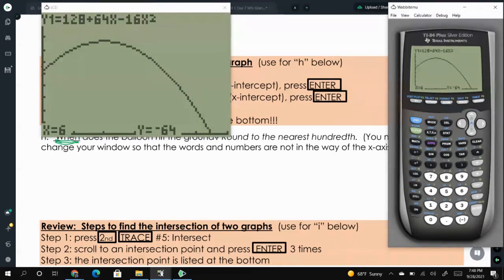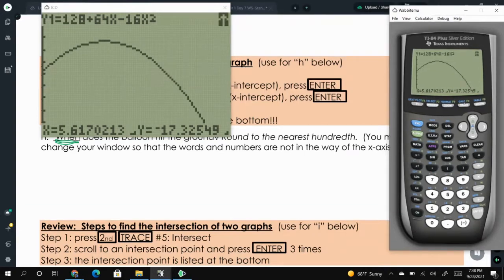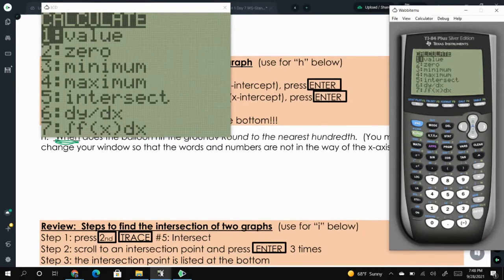So in between 5 and 6 seconds, but we can find out the exact moment by going back to our calculation screen. So press second, trace, and we want to find the zero, or the x-intercept.